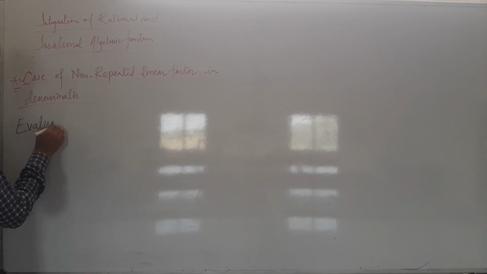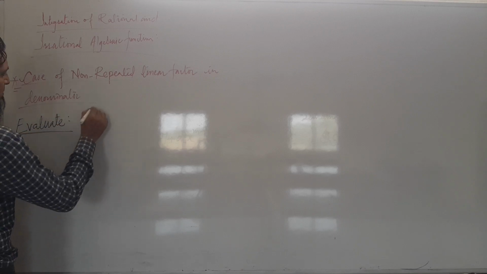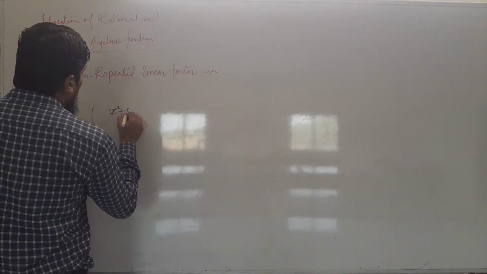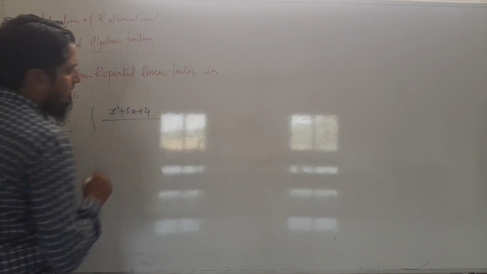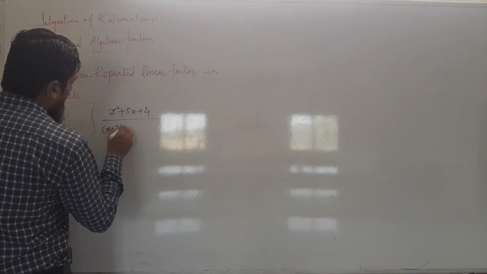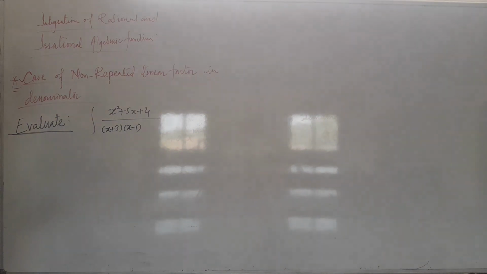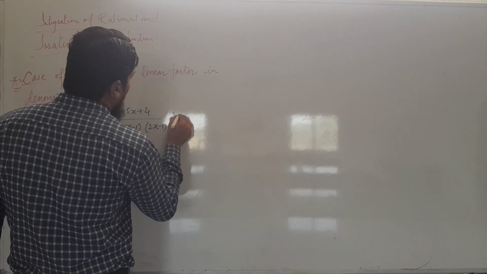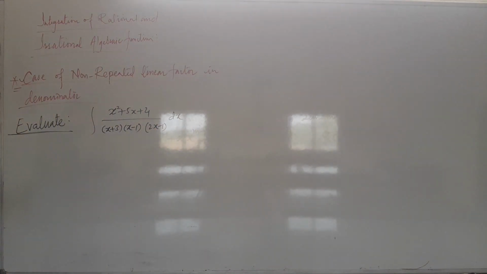The first example is: evaluate the integration of x square plus 5x plus 4 upon x plus 3, x minus 1 and 2x minus 1, dx. First of all, we will check the cases, then we will lead to the solution.